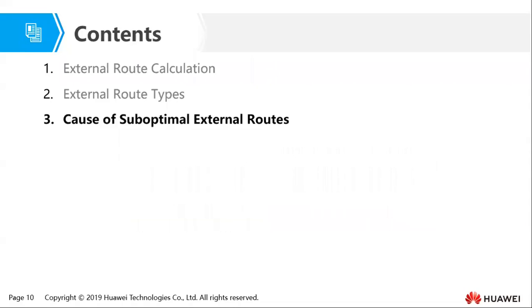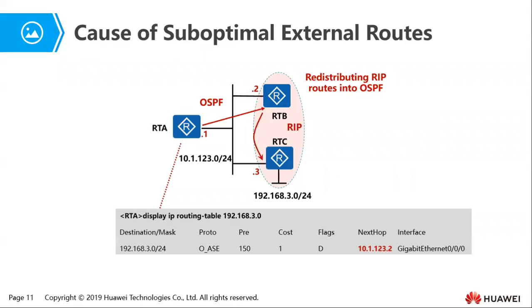So I hope that is clear. So let's look at causes of suboptimal external routes. Now, sometimes you might have a network like this one here, and you're using multiple protocols. So for example here, between RTB and RTC, we are using RIP.